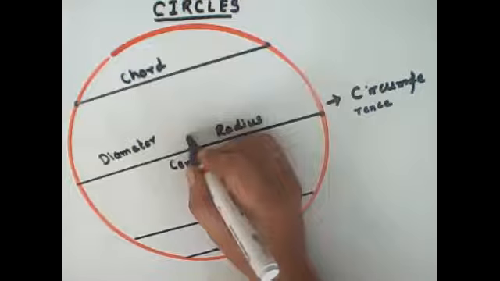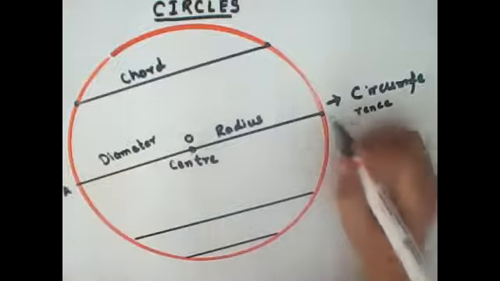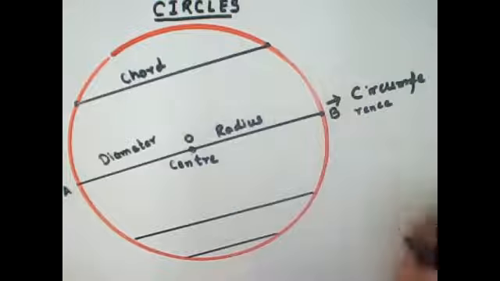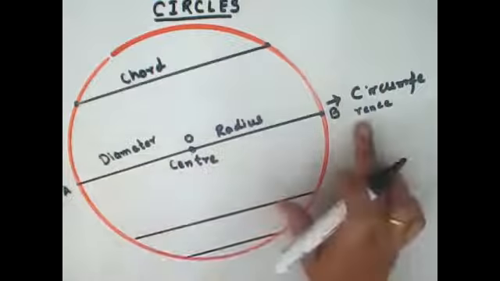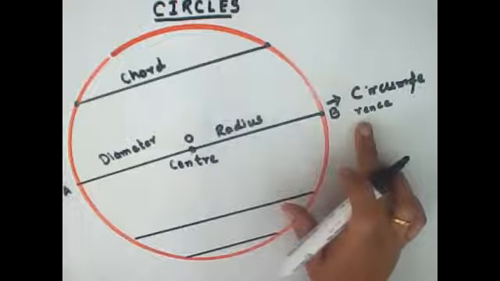If the center of the circle is O, one end of the diameter is A, other end of the diameter is B, AB is the longest chord of the circle, which is called the diameter of the circle.